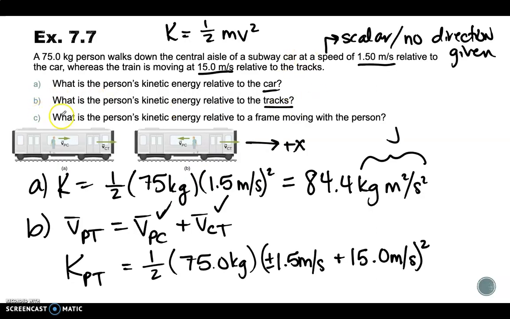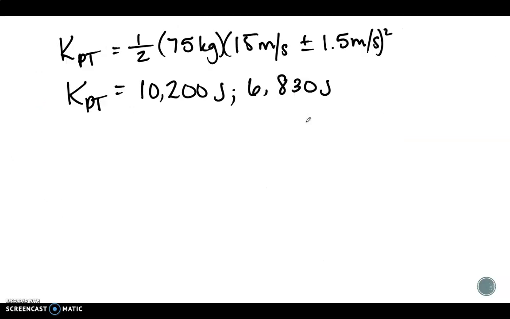And the next one states, what is the person's kinetic energy relative to a frame moving with the person? Okay. So we have the person, and they're moving with some velocity. And we have a frame of reference, which we're going to say is x.